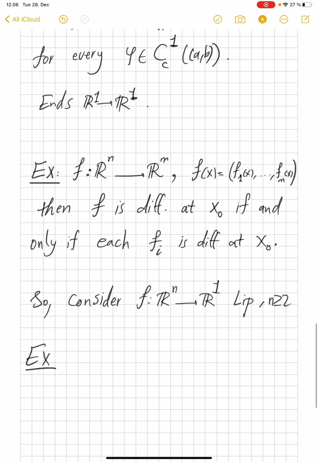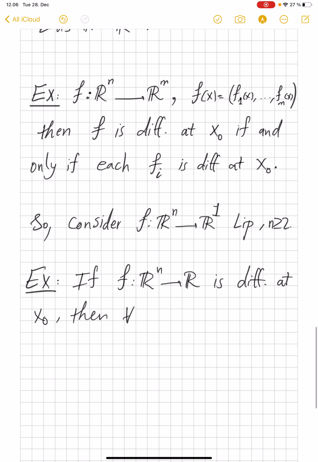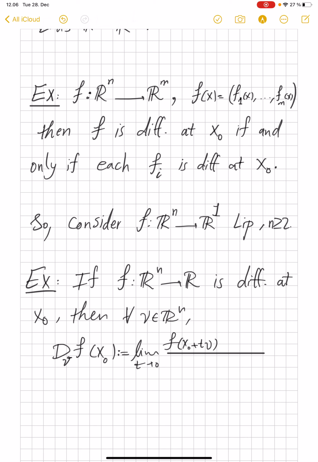Okay, now comes the next exercise. If any function f, Rn into R, is differentiable at x0, then for every vector v, the directional derivative of f in direction v at x0, which is by definition the limit as t goes to 0 of [f of x0 plus tv minus f of x0] divided by t, exists and is linear in v.